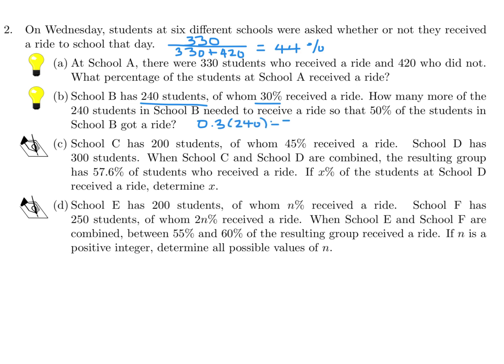So that is 72. Now if we want 50% of this 240 to receive a ride, that's going to be 120 students. So we want to go from 72 to 120. And that would mean we'd have to add an additional 48. So 48 more students would have to receive a ride in order for 50% of the students to have received a ride.